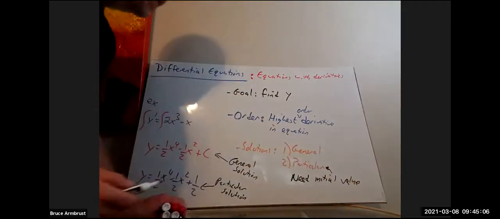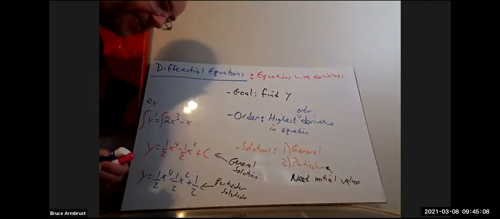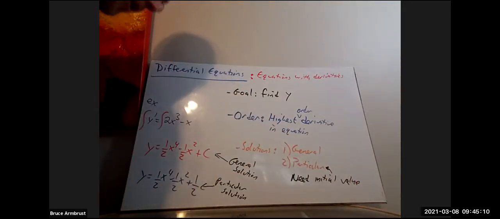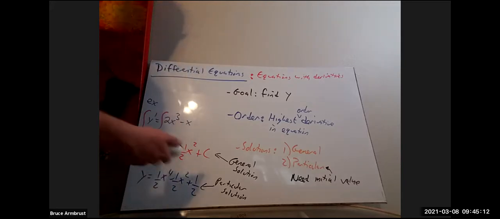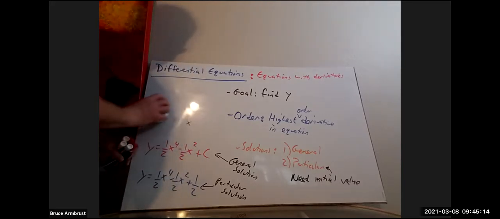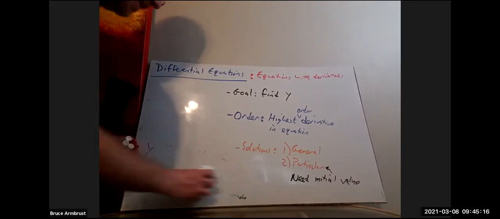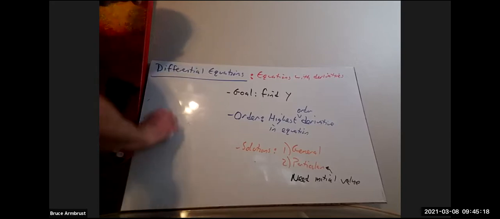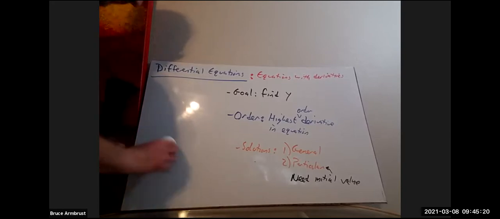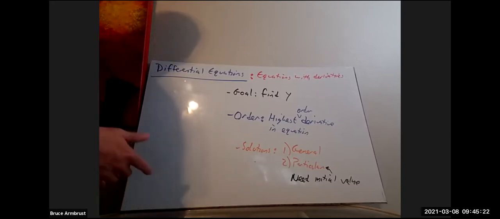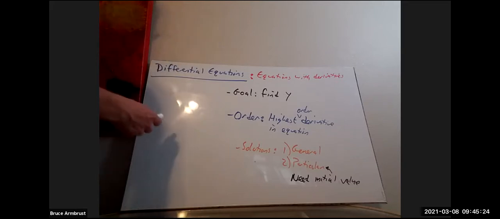So in order to find the particular, you need to know an initial value. And so we actually call those initial value problems. Let me just write that up here as well, so that when you run across that in your reading or I say it, you know what we're talking about.